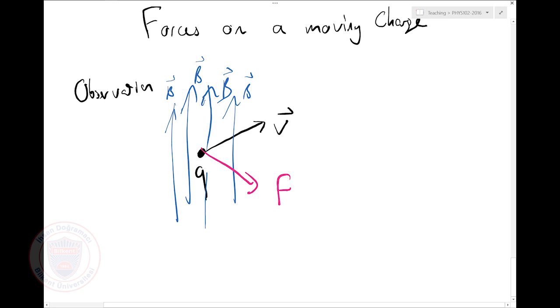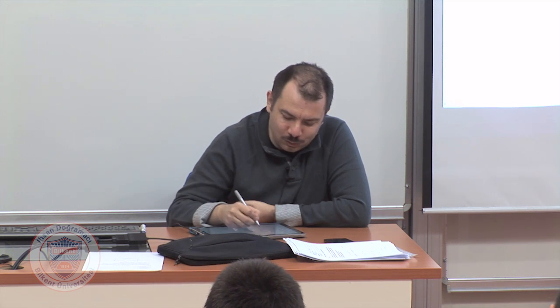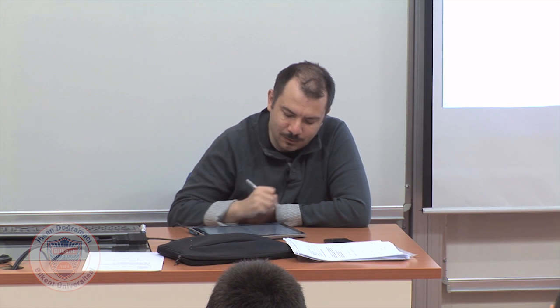The force on the charge is quite interesting. The force on this charge is always perpendicular to the velocity of this object. It actually is also perpendicular to the magnetic field.